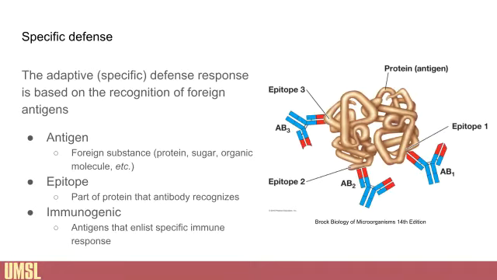Antigens, broadly, are foreign substances that are in your body. These are proteins, sugars, organic molecules. There are a number of inorganic things that we will generate immunity to as well.